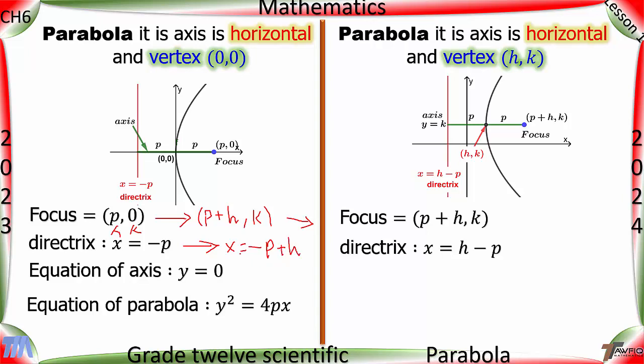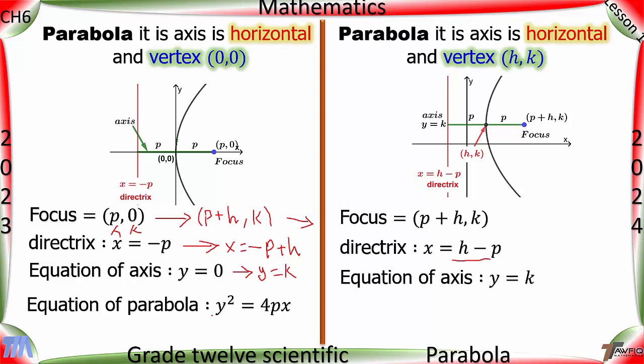That means x equals minus p plus h, or we can say x equals h minus p. It's the same thing. If you want to find the equation of the axis, only add k to y. That means y equals 0 plus k, which is k. This is the same thing.